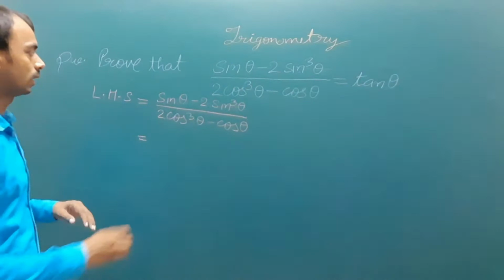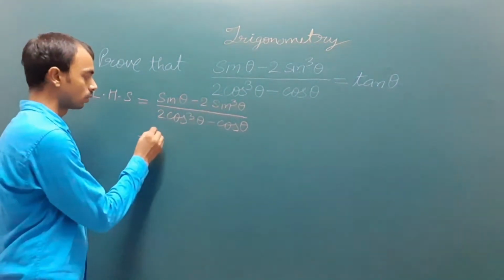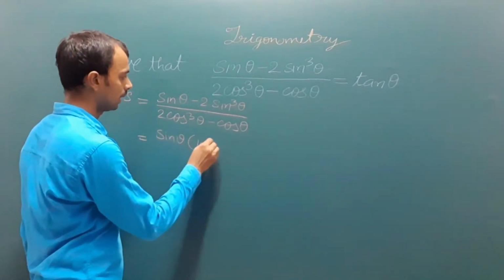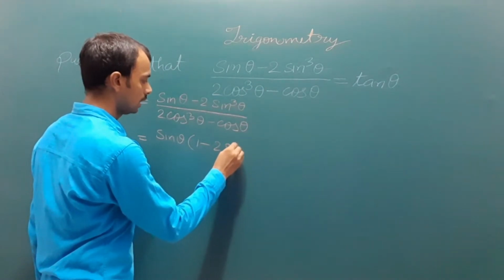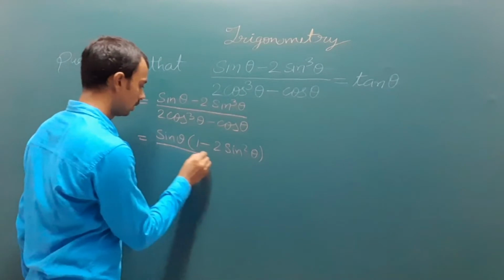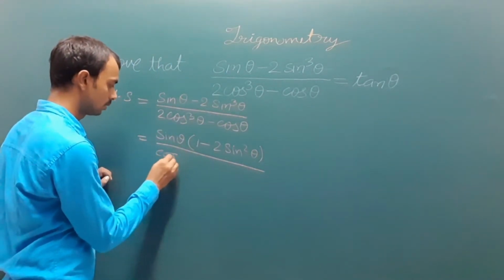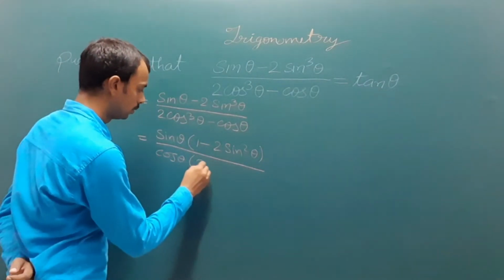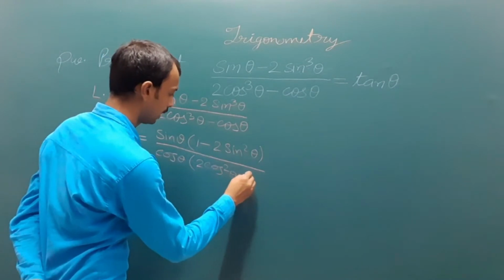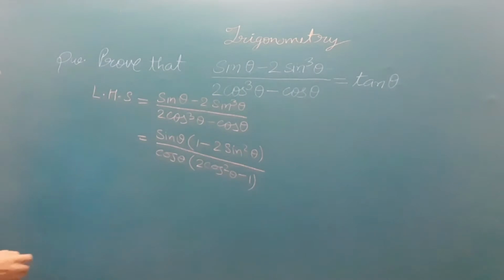Now I can take sin theta common over here and cos theta common over here. If I take sin theta as common, I will get 1 minus 2 sin square theta, isn't it? Upon, if I take cos theta common over here, I will get 2 cos square theta minus 1. Okay, this is what we have got.